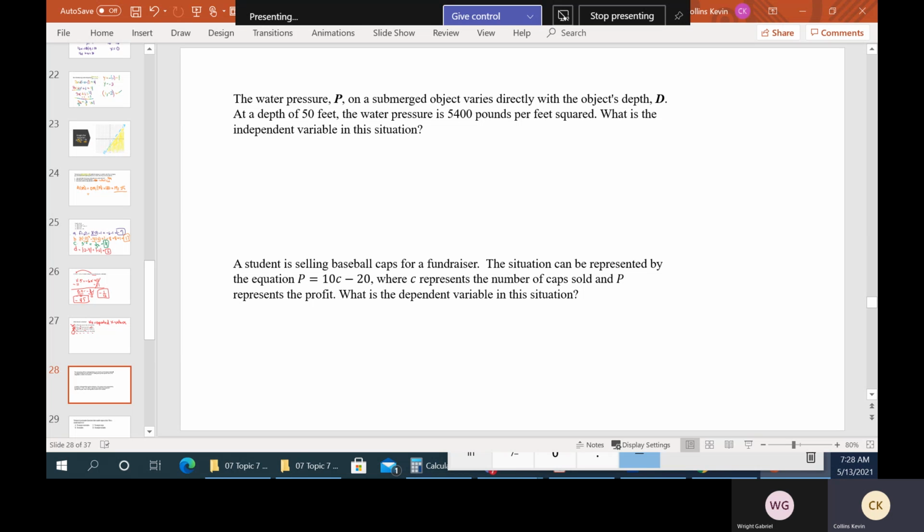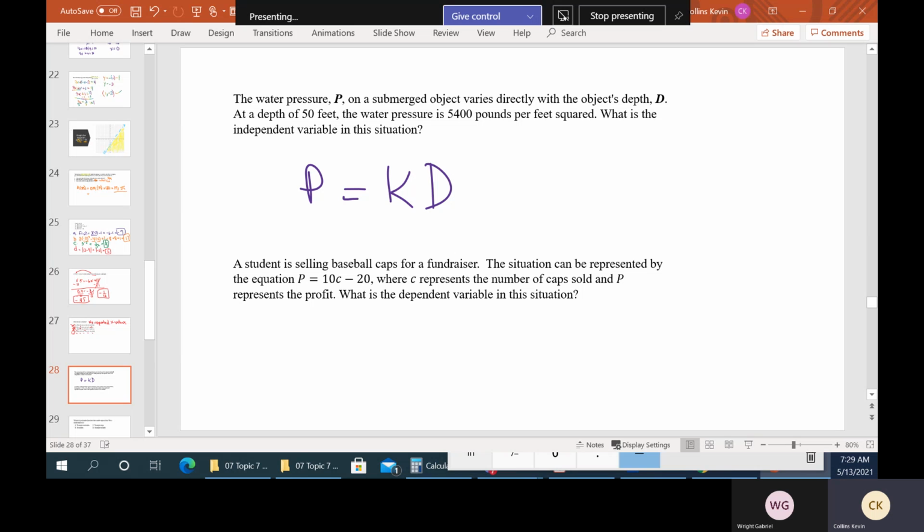Okay, so basically what this is saying is it varies directly with the depth. So water pressure varies directly, so it's going to be some sort of constant here, and then with the depth. Okay, so what is the independent variable?